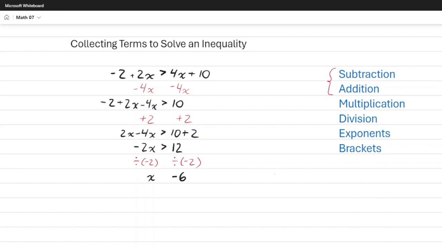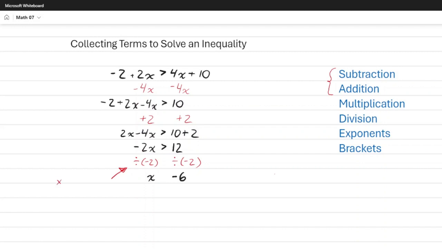But there's a trick that you need to know about. If I divide by a negative number, I'm going to flip the direction of the inequality sign. You can see that I divided by negative 2.